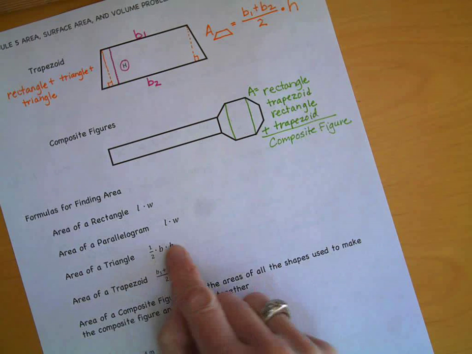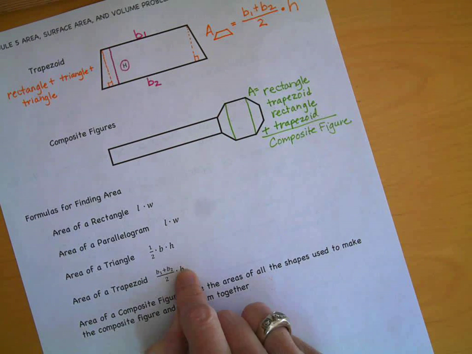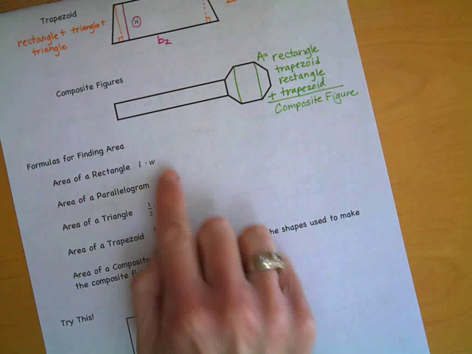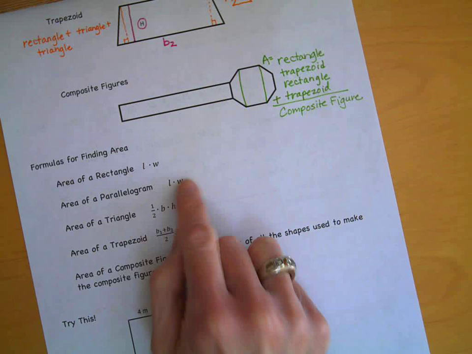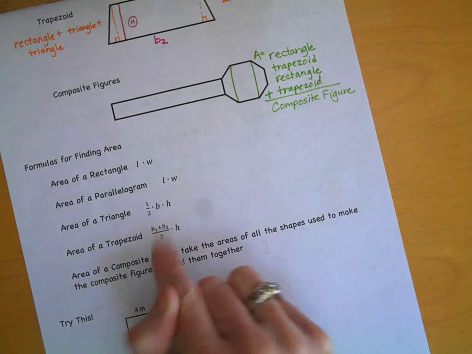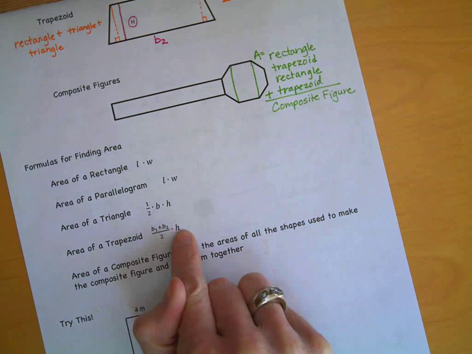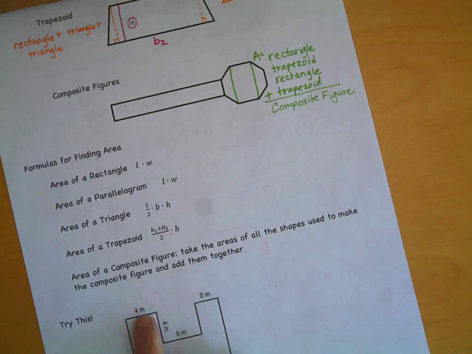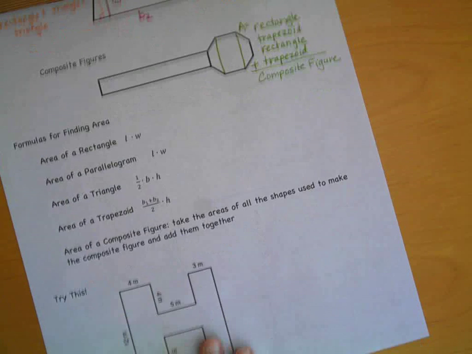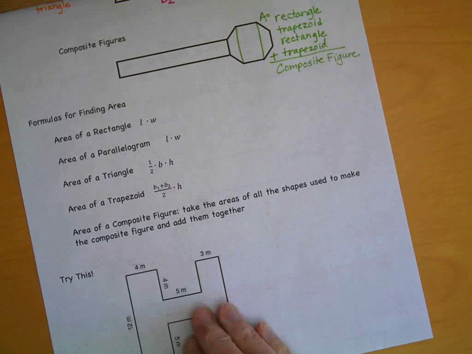In every single one of these, you're multiplying two dimensions together: length times width, base times height. So since it's two things being multiplied together, your units of measure have to be squared.